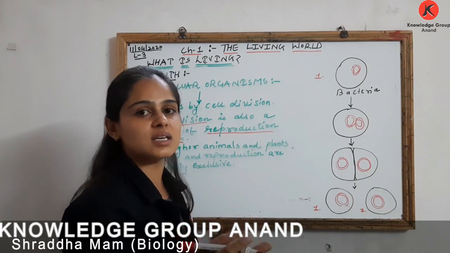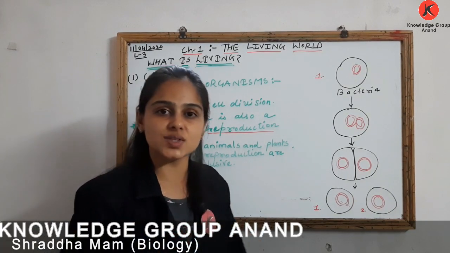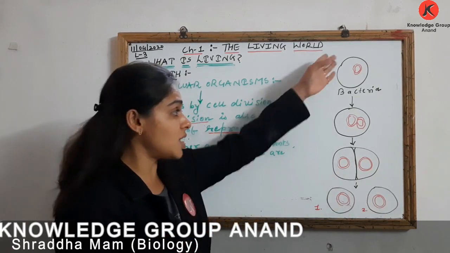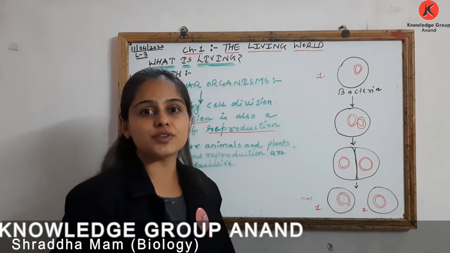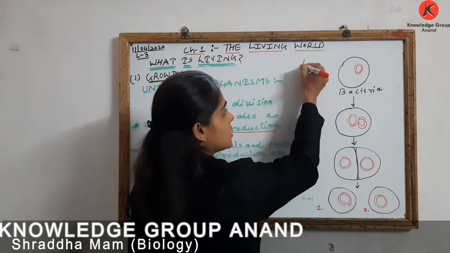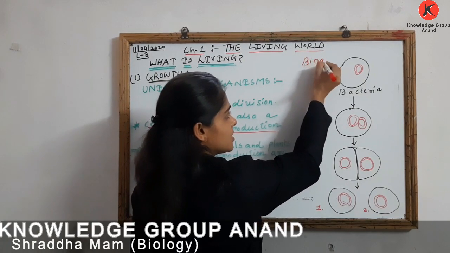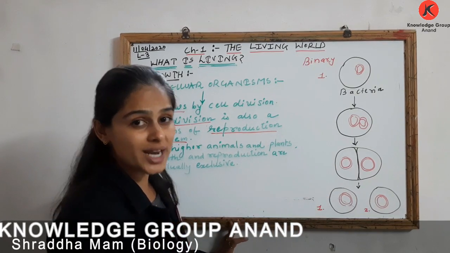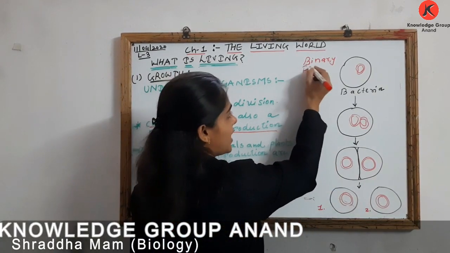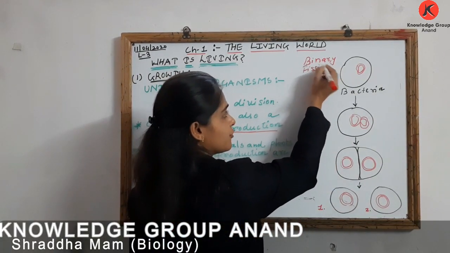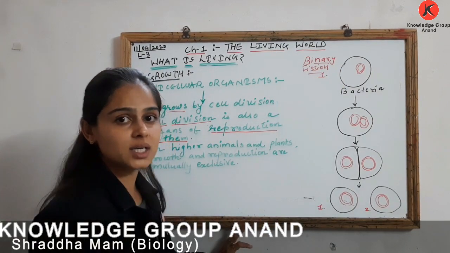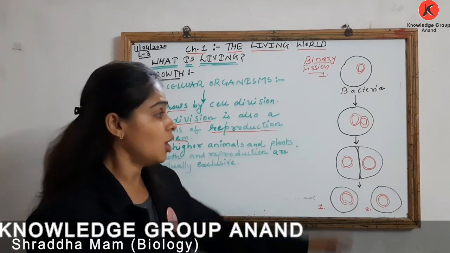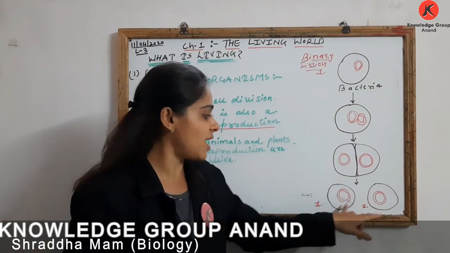So increase in number is considered as growth. I told you the definition earlier. Now this is also a means of reproduction. What is this? This is nothing but a type of asexual reproduction, and that is your binary fission. This is also a mode of reproduction. Okay, so reproduction as well as growth.